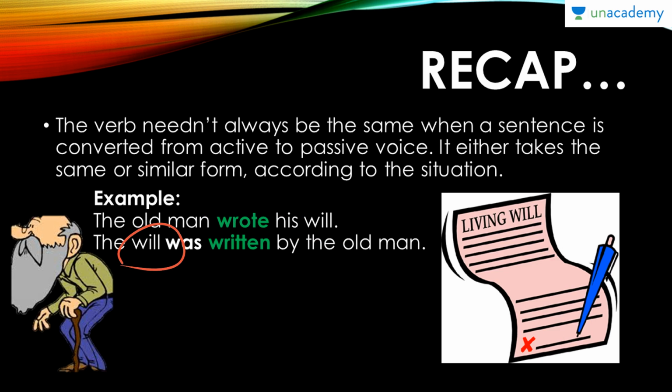Will was the subject, old man, object, was written is the verb. Was is the auxiliary verb as per the first point. Now the first sentence is in active voice and the second one is in passive voice. Here both wrote and written are forms of the verb write. But it's taken a similar form, not the same one. And this is another difference between active and passive voices.